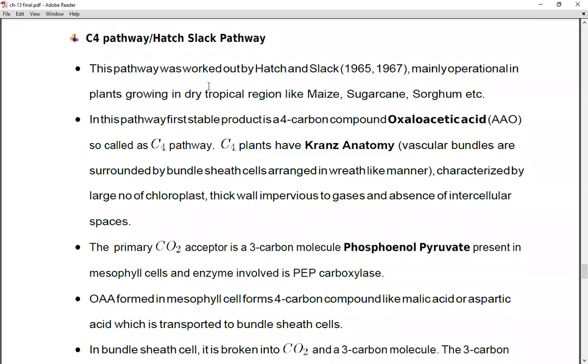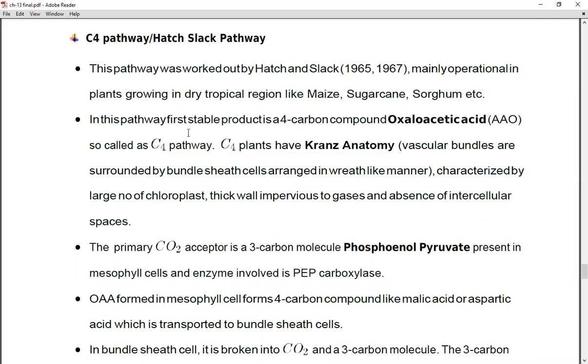For this reason, this pathway is also known as the Hatch-Slack pathway, and it is mainly operational in plants growing in dry tropical regions, like maize, sugarcane, sorghum, etc. Now, in this pathway, the first stable product is a 4-carbon compound, that is oxaloacetic acid.